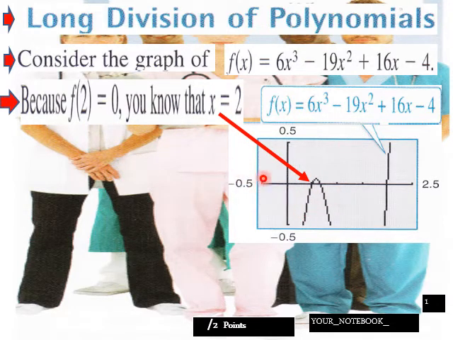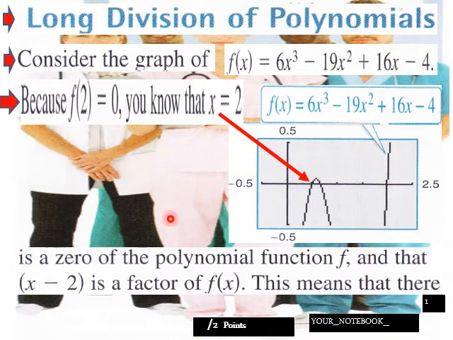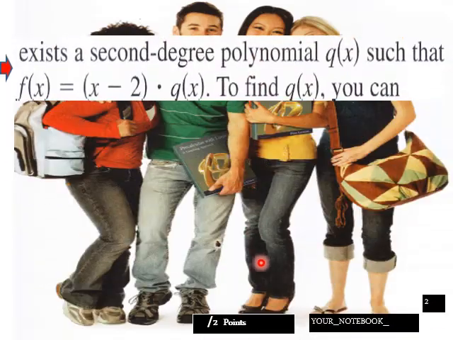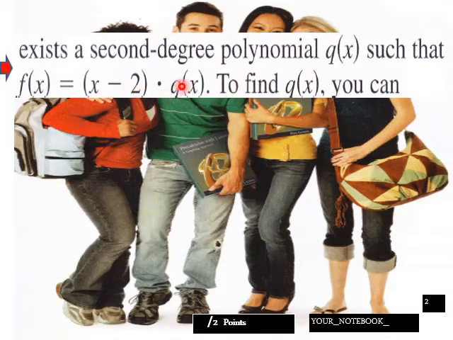We know that from looking at the graph and using your trace feature and your intersect. And that x minus 2 would be a factor of this polynomial, because of that intersection. So knowing that, it would yield a second degree polynomial when you factor x minus 2 into the quotient.